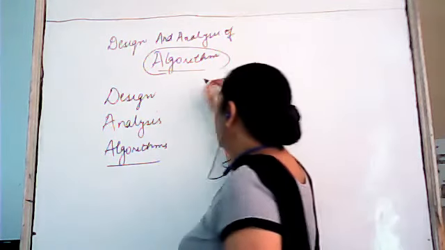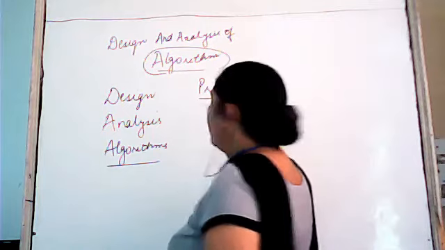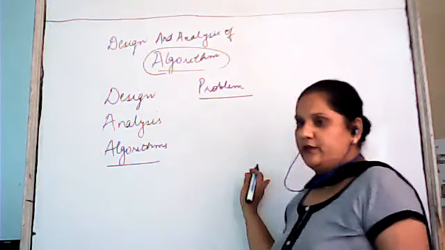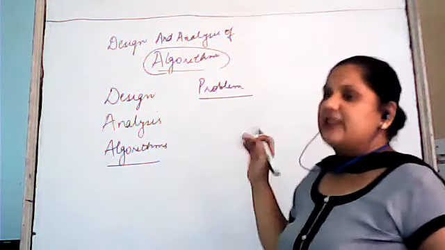See, we are given a problem for which we are supposed to find the solution. We have been given a problem for which we have to define the solution or design the solution.